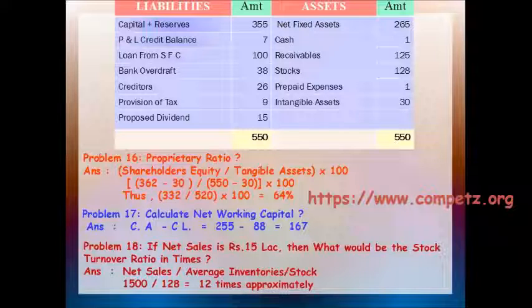So we need to compute first your proprietary ratio. Friends, proprietary ratio is also known as your equity ratio, net worth ratio, or shareholders equity ratio. What does it show? It simply shows the capital structure of a company, and how the company has invested its capital.